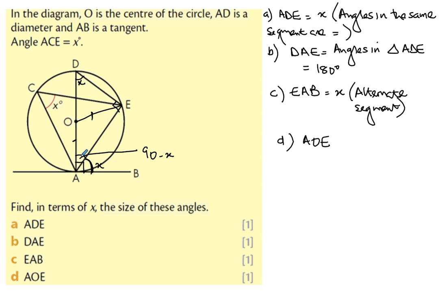That bit is 90 minus X, so that bit there will also be 90 minus X. So what we're really doing is 180 minus 90 minus X minus 90 minus X. You can see 90 minus 90 will disappear, and then you've got minus 2X.